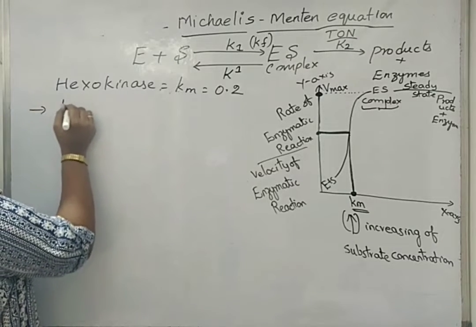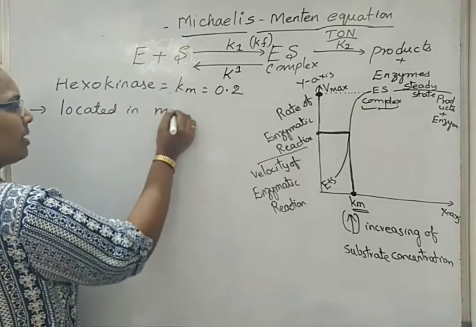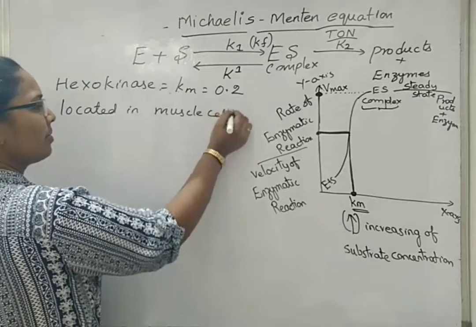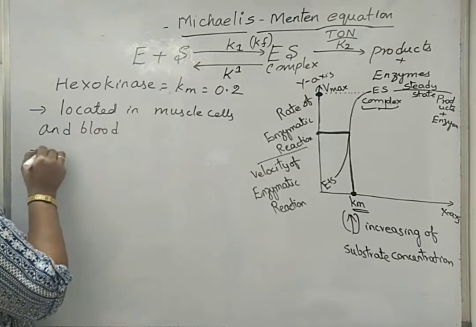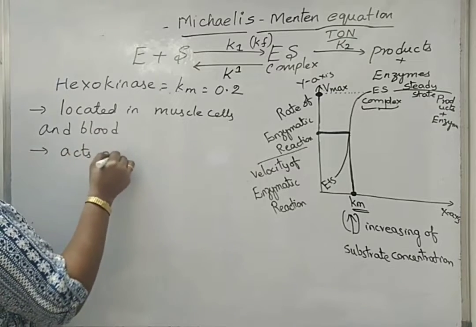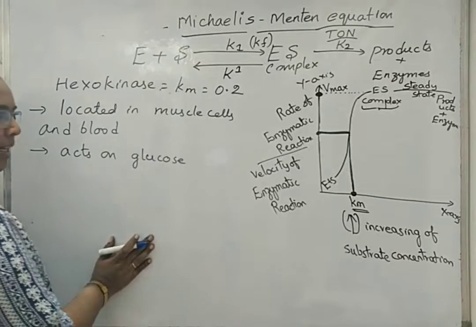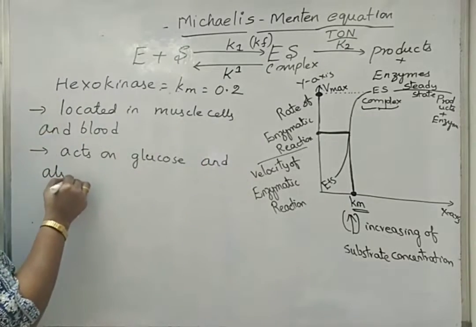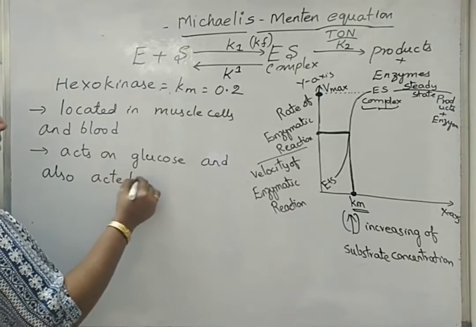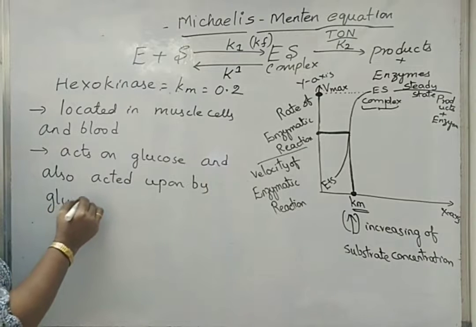It is located in normal muscles and blood. It acts on glucose to involve in the glycolysis step and is also acted upon by glucose 6-phosphate.